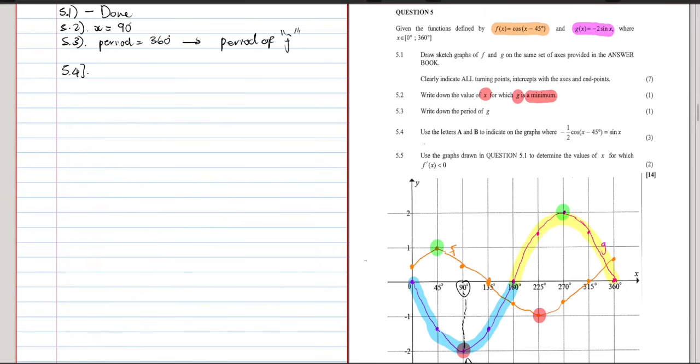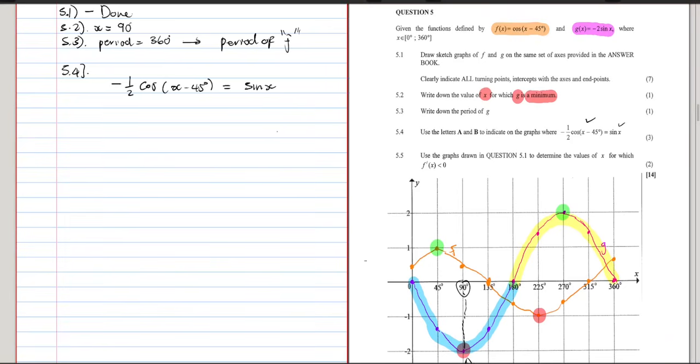5.4. Use letters A and B to indicate whether graphs this is equal to that. Looks kind of weird, but okay. We have minus 1 over 2 cos (x minus 45 degrees) is equal to sine x.